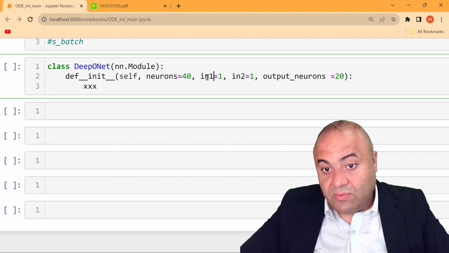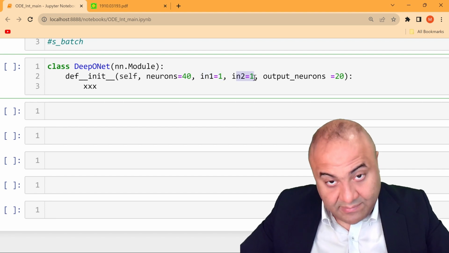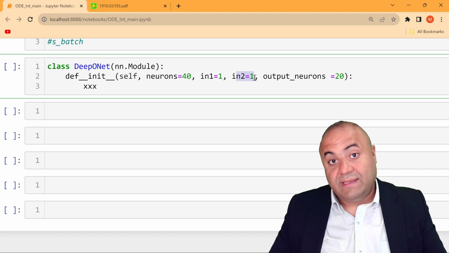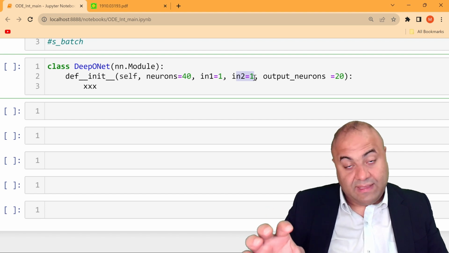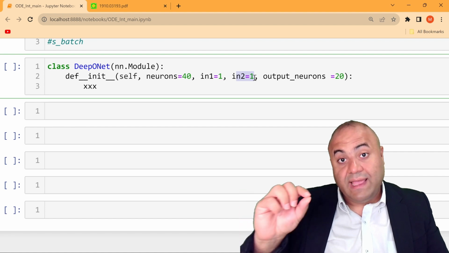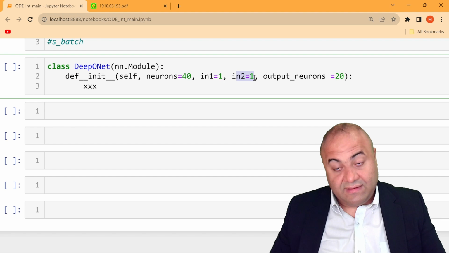So in1 is going to be our input, the first input, and this is going to be the second input. It's important because this time we are building a branch and trunk. So the first input will be the whole values of the sequence, and input 2 is going to be the location at which we are calculating these values.